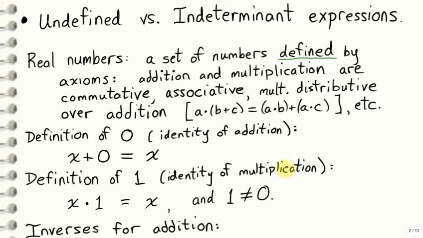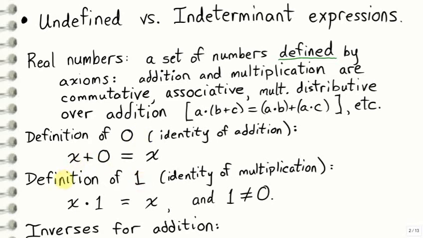It satisfies the property that for any real number x, x times 1 gives you x. And also, in the definition of 1, 1 is not only defined to satisfy this equation, but 1 is a number different than 0. If the additive identity and the multiplicative identity were the same, that would actually lead us to some problems later on. So these are the definitions of 0 and 1.